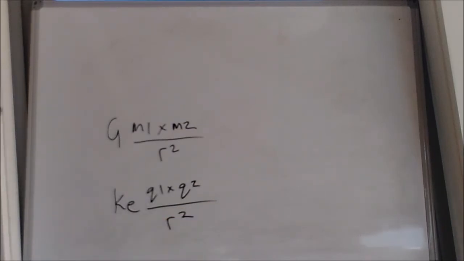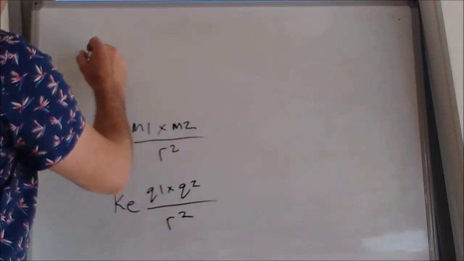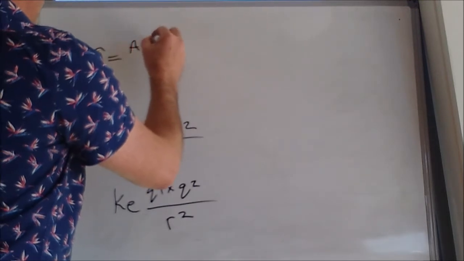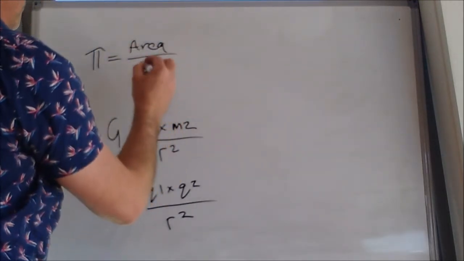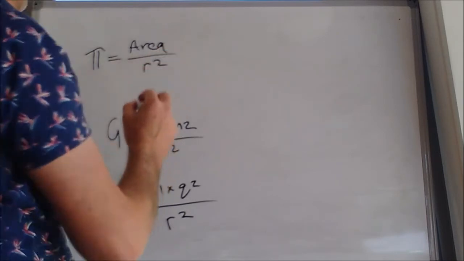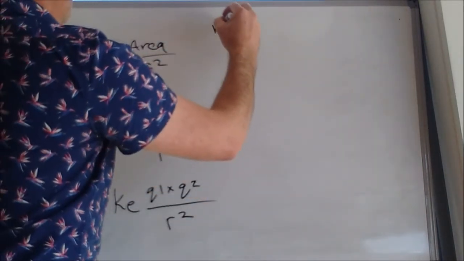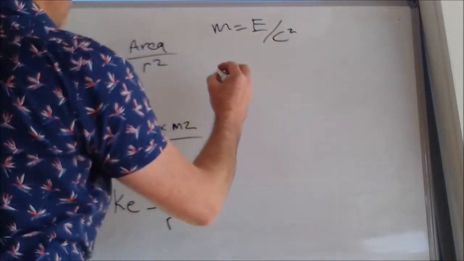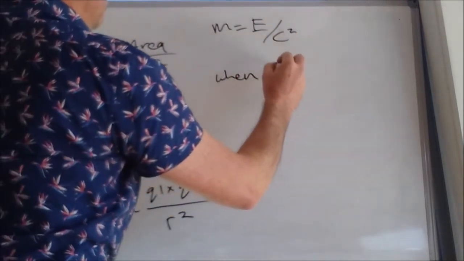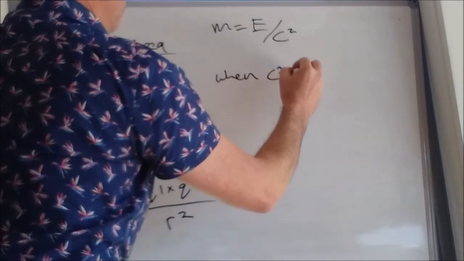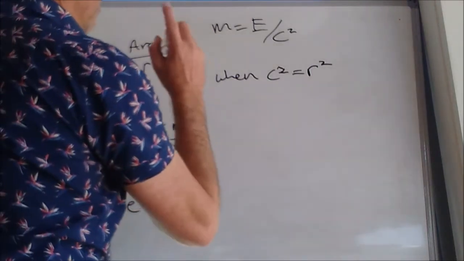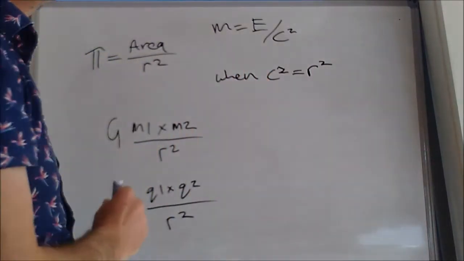Now what we have here is essentially pi equals the area divided by r squared, and m equals E divided by c squared. So when c squared equals r squared, c can be substituted for r.